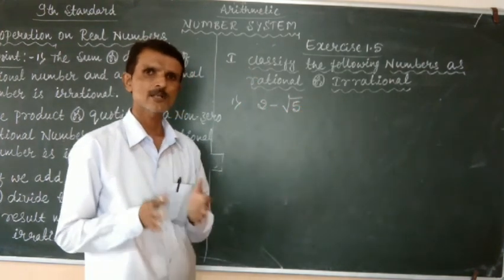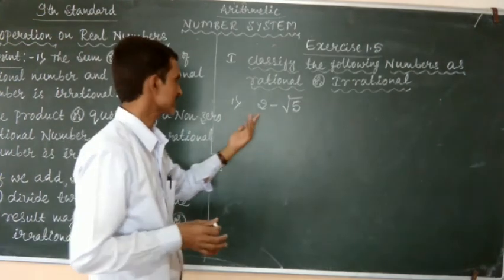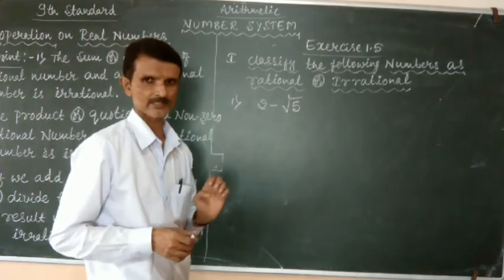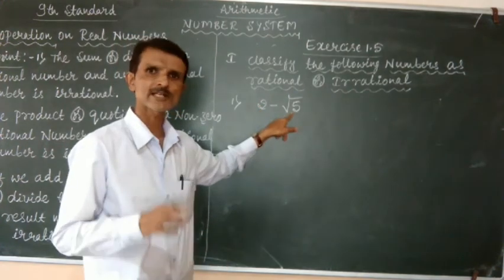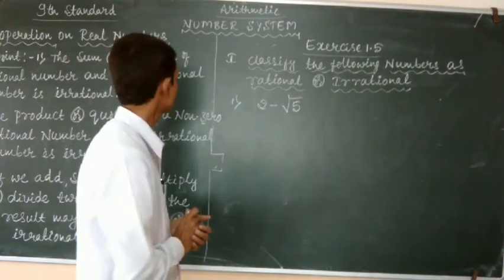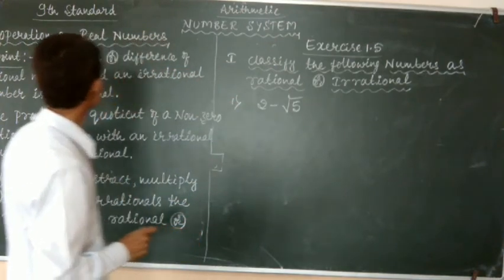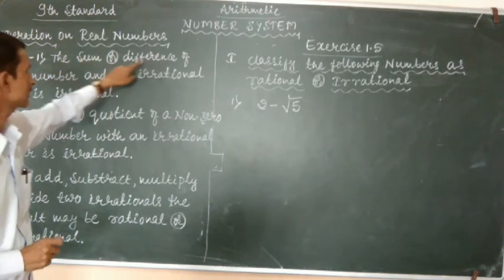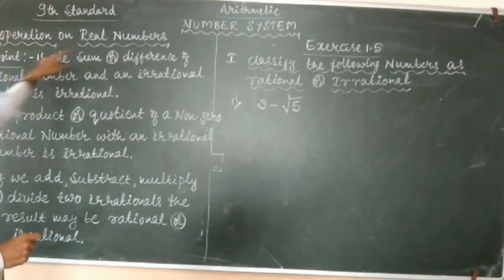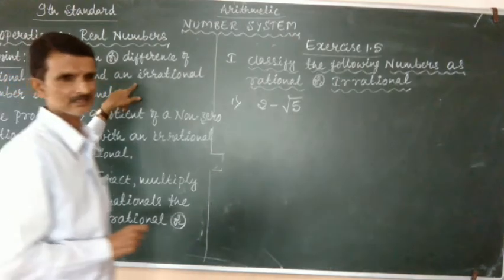It contains both a rational part and an irrational part. 2 is a rational number whereas root 5 is an irrational number. So if you observe point number 1, the sum or difference of a rational and an irrational number.